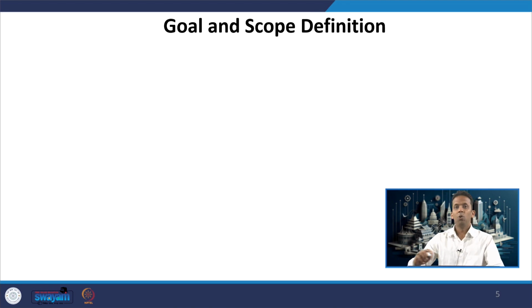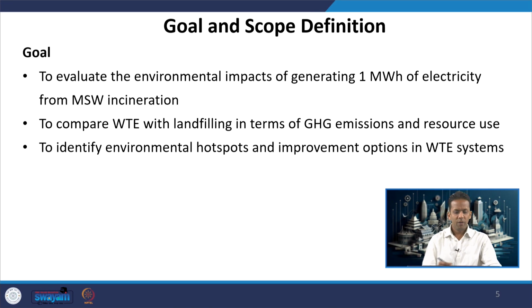Now the goal and scope definition. In this case the goal is to evaluate the environmental impacts of generating 1 megawatt hour of electricity from MSW incineration. The process is fixed, the final product is fixed, and our objective is to estimate the environmental impacts. The second objective is to compare the waste to energy option with landfilling in terms of GHG emissions and resource use.